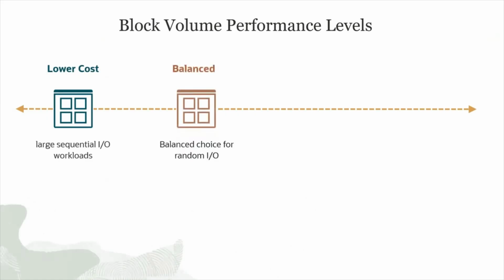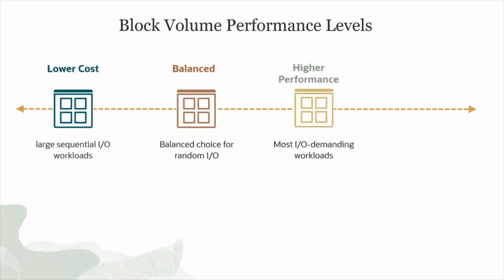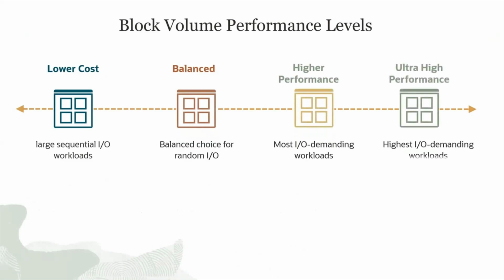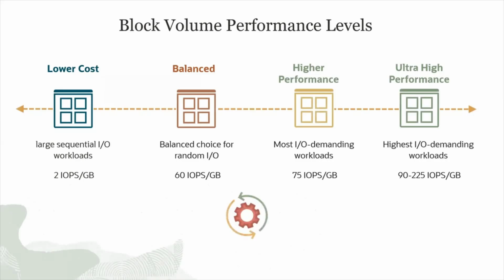There is a balanced tier. There is a higher performance tier, and then there is an ultra high performance tier. And you can see the IOPS, input output operations per second supported, starting all the way from 2 IOPS per gig all the way to 225 IOPS per gig for ultra high performance. We covered this in theory, and we also show this in one of the demos.